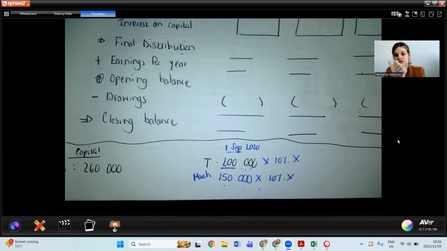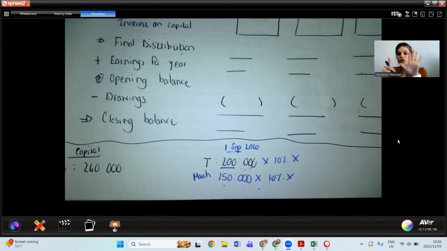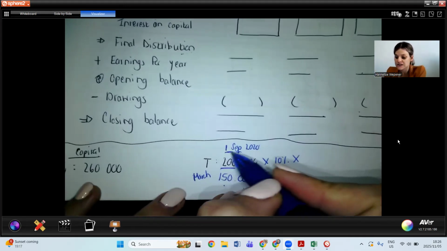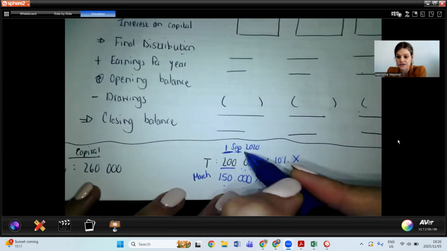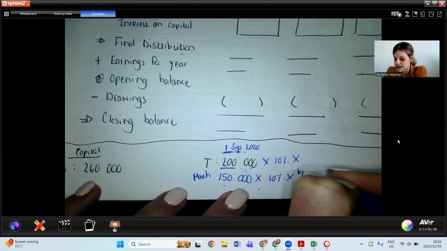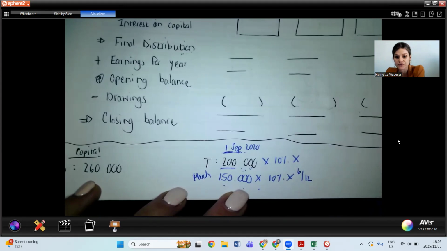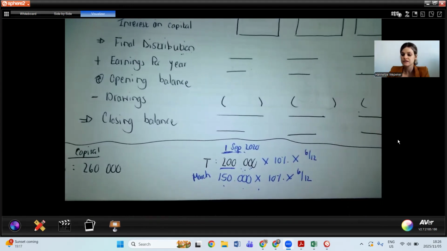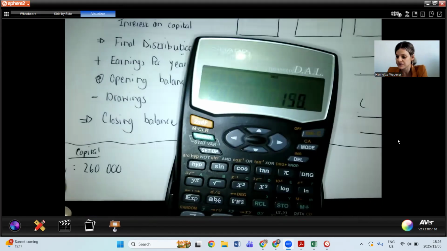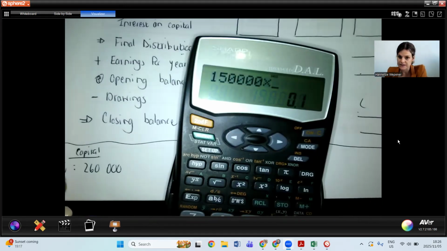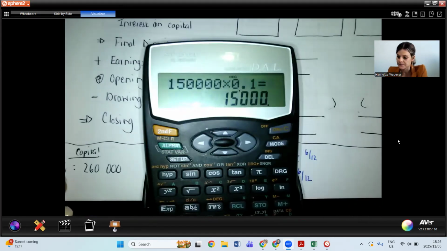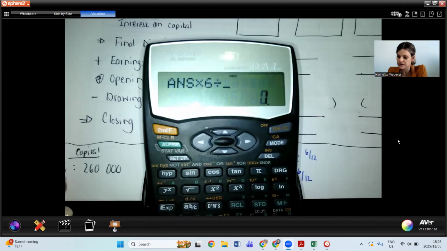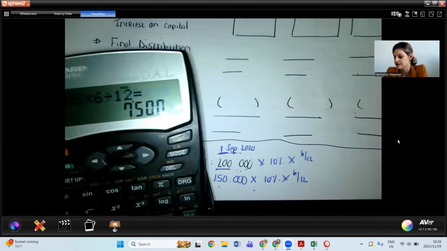So it's March, April, May, June, July, August. So for 6 months. It's only 6 months because he increased it on the 1st of September. So for 6 out of the 12 months, he had 150,000, which means for the remaining 6 months, he had the 200,000. So 150, earning 10% per annum, but only for 6 out of the 12 months.